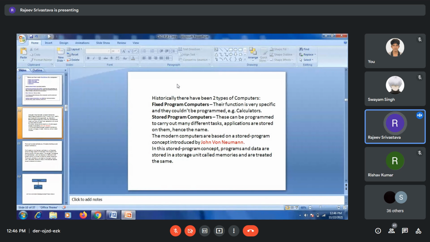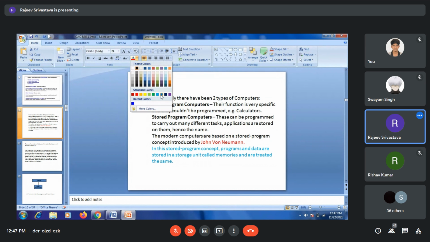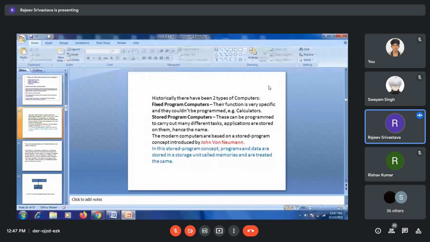And this is the wonderful concept which was given in 1945 around, and still most of the computers which we are using are based on the stored program concept. So in the stored program concept, programs and data are stored in a storage unit called memory and are treated the same. That is, they share the same memory.